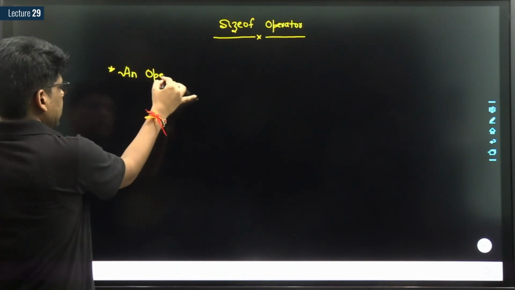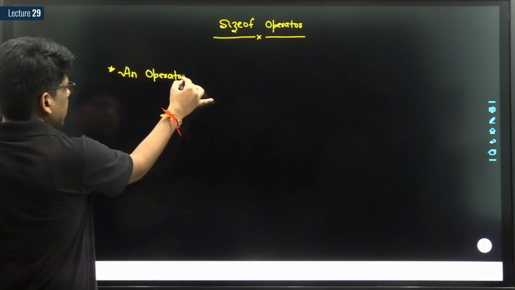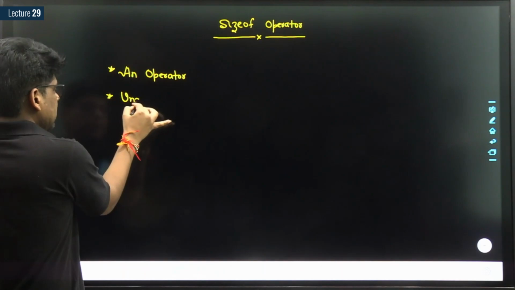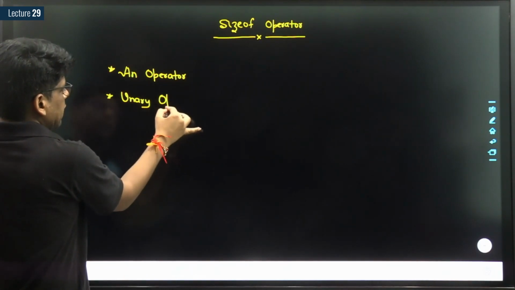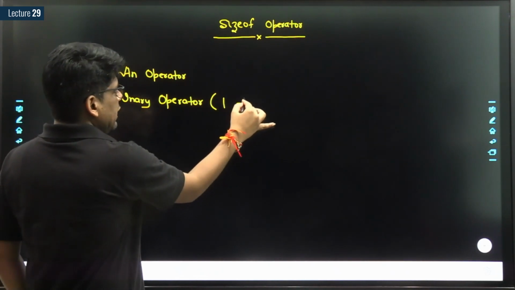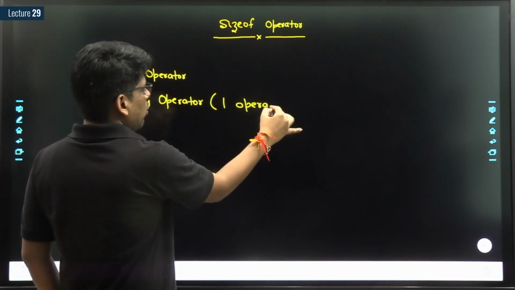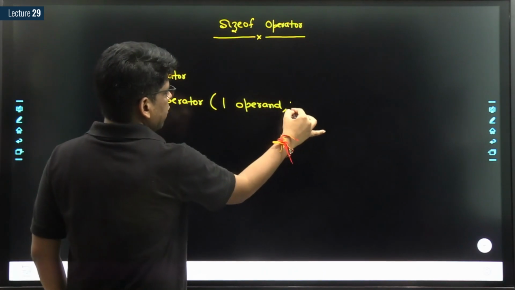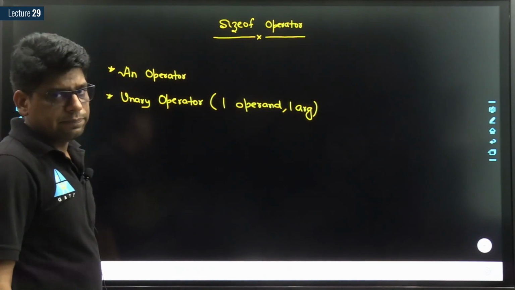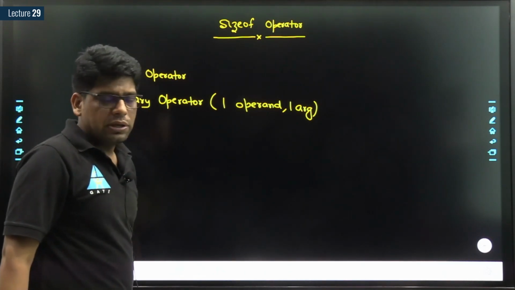If I am discussing it inside the topic of operators, for sure it is an operator. Sir, in which category? It is a unary operator. That means it requires only one operand, only one argument, whatever you want to call it. Okay, sir.